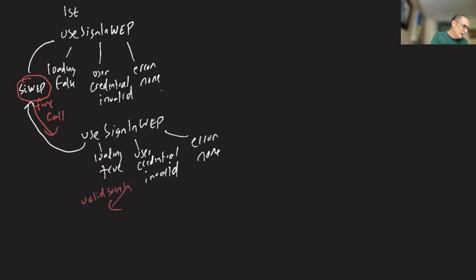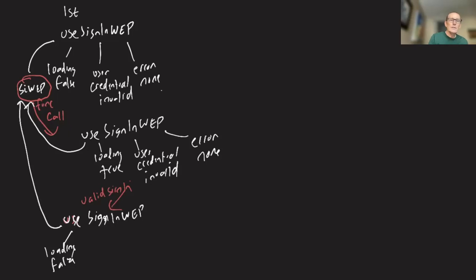In the valid sign in case, we're going to have use sign in. Our hook is going to return loading of false. It's going to return the same sign in function. It's going to return a user credential, which is valid, and it's going to return no error.